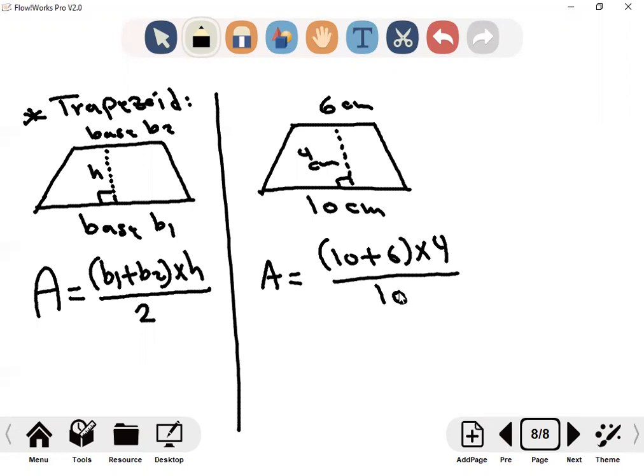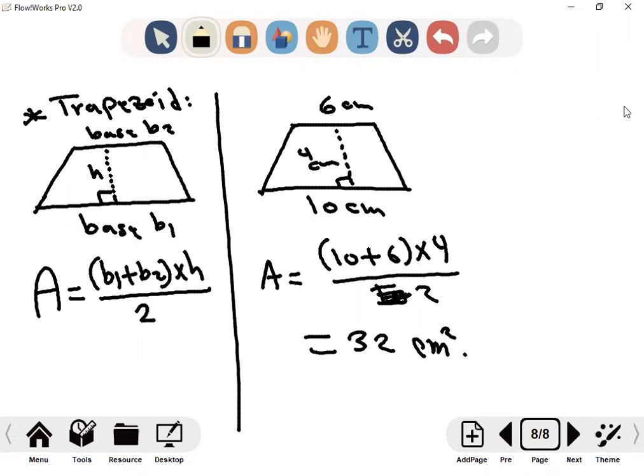Now first, if you remember parentheses, apply the order of operations. Here 16 times 4 all over 2. 64 divided by 2, 32. This is equal to 32 centimeter power 2.